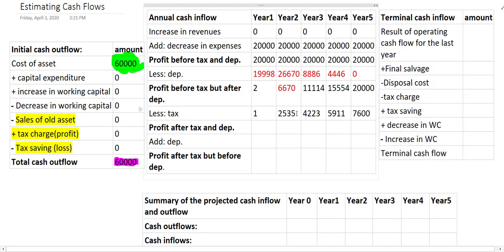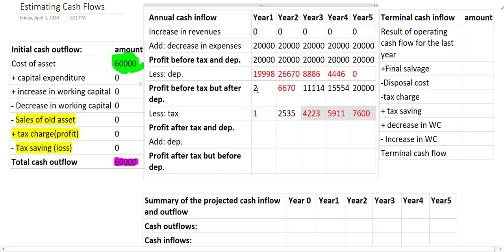Except this one, which is positive, it means we collect back from the government. The rest of them are negative, so we have to show it in red. Why? Because these are the amounts that we pay to the government as tax. Because in any year you made profit, you have to pay tax to the government. In any year you suffer loss, you have to collect back from the government. So in this year, as I have suffered loss, I have collected back from the government.